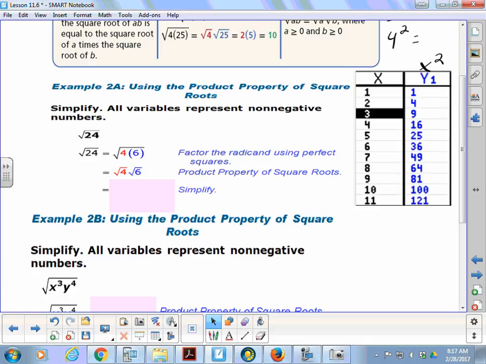And then we know that the square root of 4 is 2, because 2 squared is 4. So then I can rewrite the square root of 4 as just 2, and this becomes 2 times the square root of 6, or 2 square roots of 6.